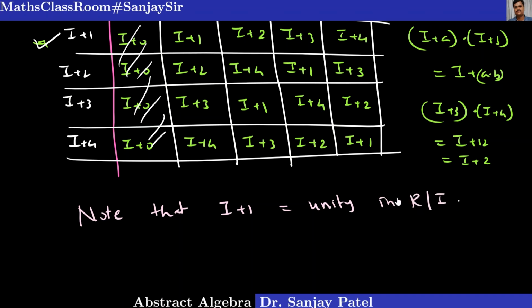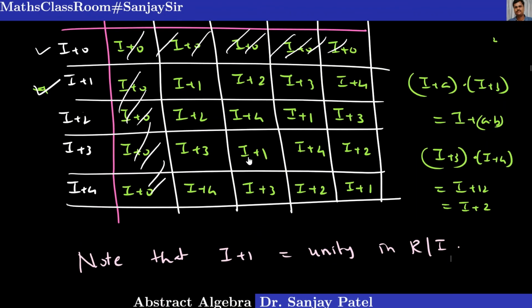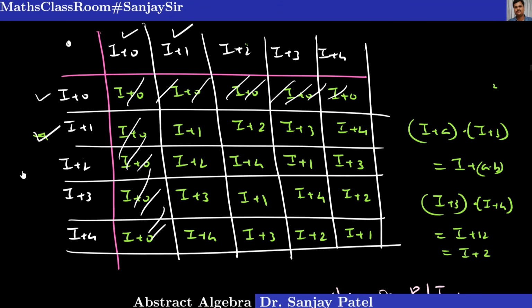Okay. Now what I want to do is find, say, an inverse. For example, if I choose the element I plus 2 here, and I want to check what is the multiplicative inverse of I plus 2, then I have to search for the unity element in that corresponding row. So the unity element I plus 1 appears here, and it lies in the column containing I plus 3.